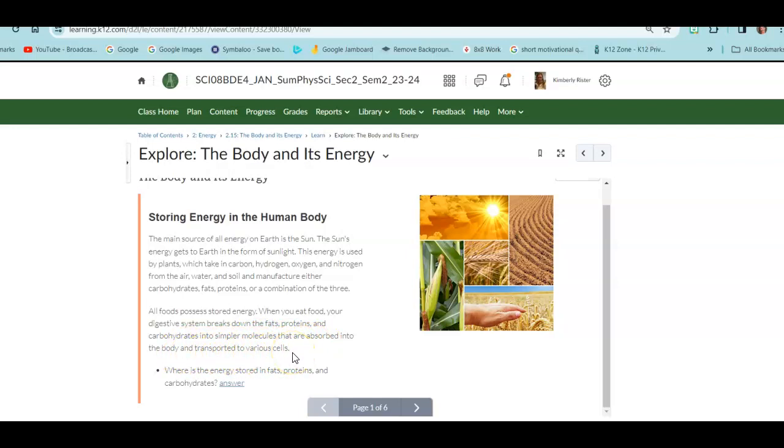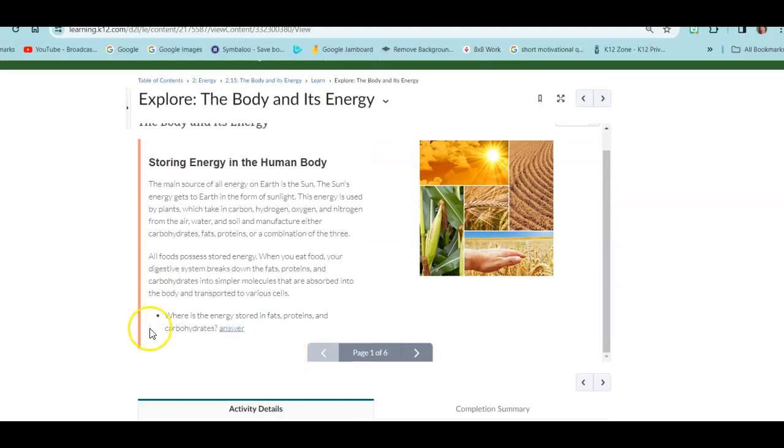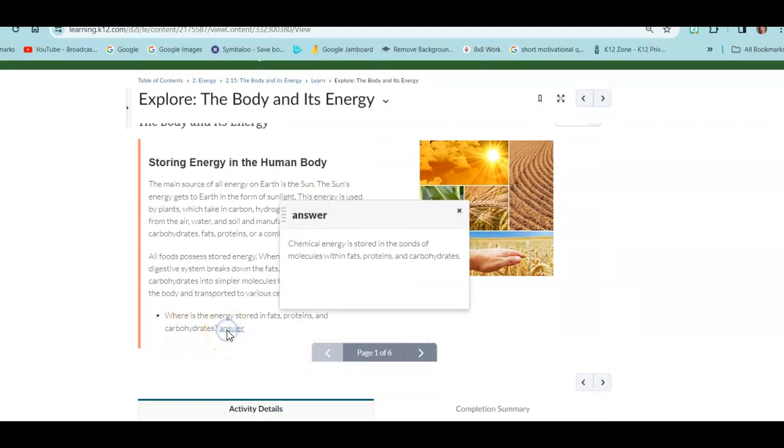So that's guiding question 1. So where is the energy stored in fats, proteins, and carbohydrates? Chemical energy is stored in the bonds of molecules within fats, proteins, and carbohydrates. So this would be another great thing to have in your notes.